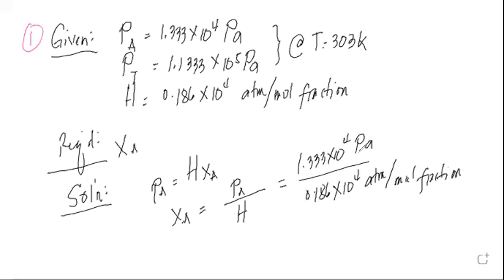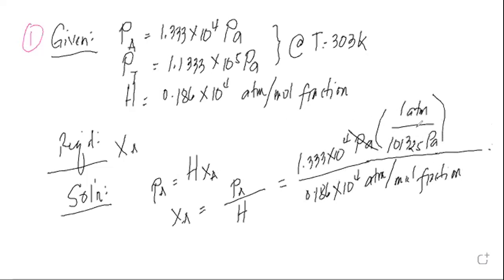The units for pressure do not agree, so there's a need for you to convert. We know that there's 101,325 Pascal for every 1 atm.